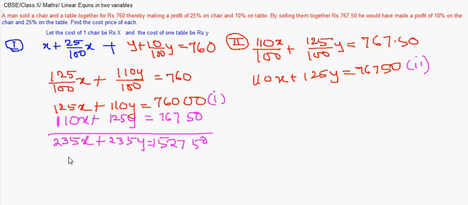Again, if I divide the whole equation by 235, I'm pretty sure that 152,750 divided by 235 will be divisible. That's leaving me with 650. So x plus y is 650.